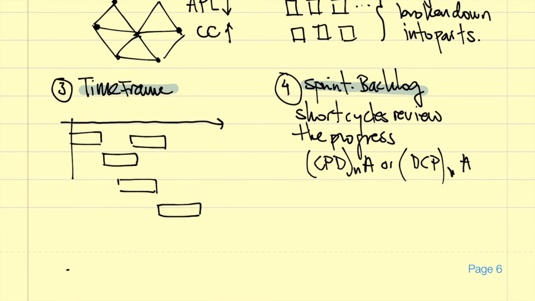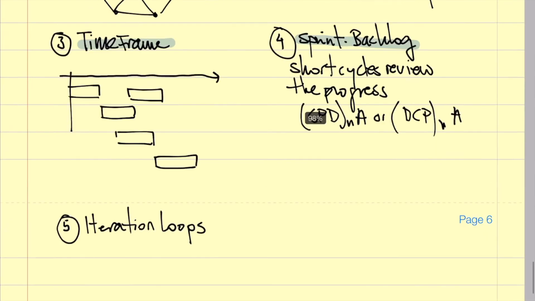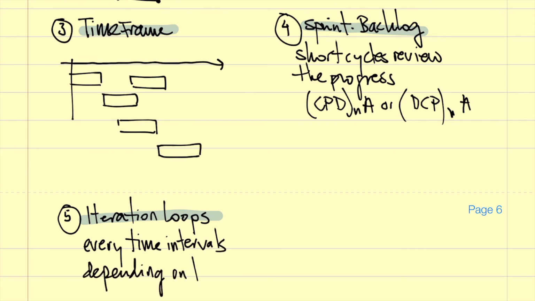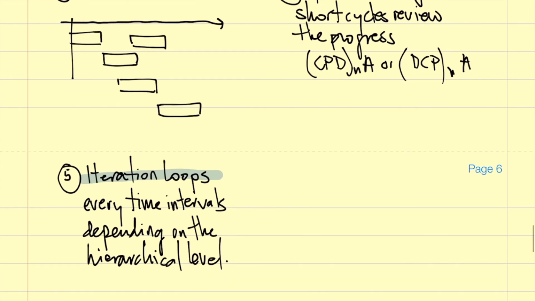And then you perform some iteration loops, on the CPDNA or DCPNA, every time interval, depending on the hierarchical level. As we will see, this is called shop floor management.